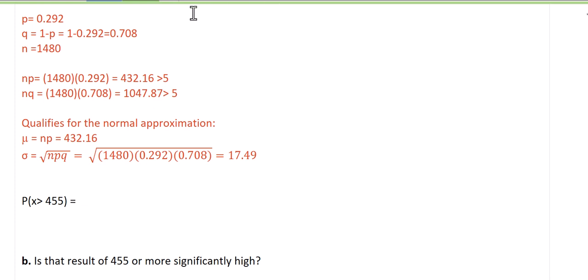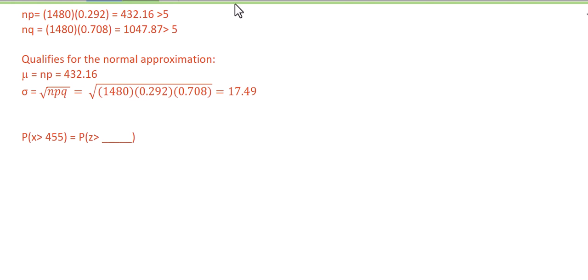We need to convert that to a z-score. So it essentially is the same thing as saying the probability that z is greater than something. And so we need to find that z-score. But remember, our z-tables give us the probability of z being less than. So let's find the z-score there, and then we'll talk about that.